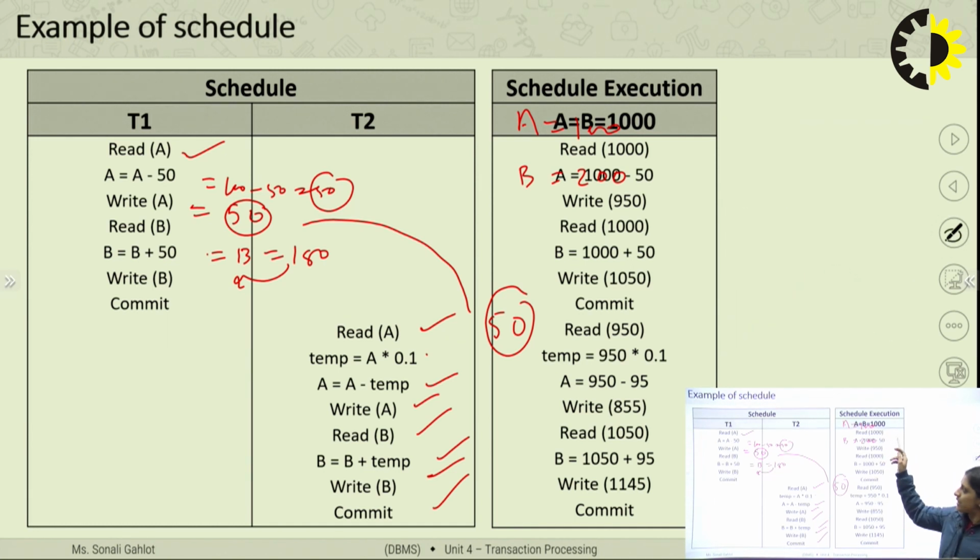Let's take another example, where A is 1000 and B is also 1000, and we perform all the steps I have written here, and according to this we then get the value of B here and the value of A here.